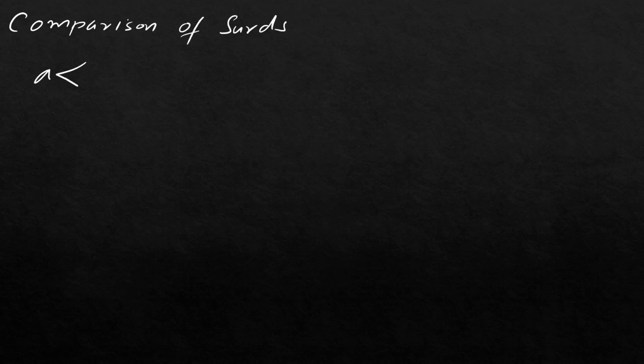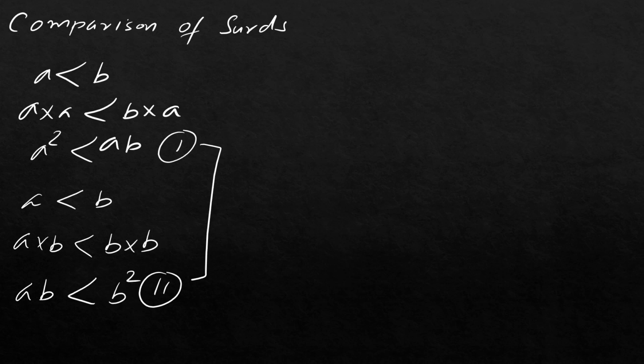Another concept is the comparison of surds. Comparing the surds, which is bigger, which is smaller. We use the notation A smaller than B. If it is like that, if you multiply both sides with A, we know that A square is smaller than AB when A is smaller than B. And if I multiply with B, then AB will be smaller than B square.